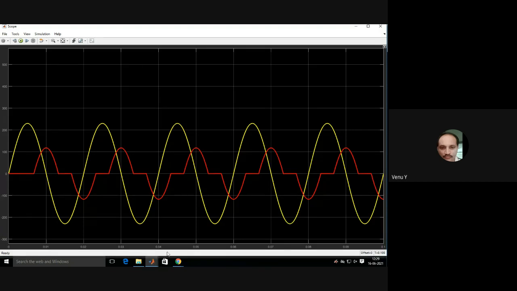The TCR waveform may not change with the TCR at a 120 degree firing angle. You will get the same result in the TCR current. You can note this down roughly.